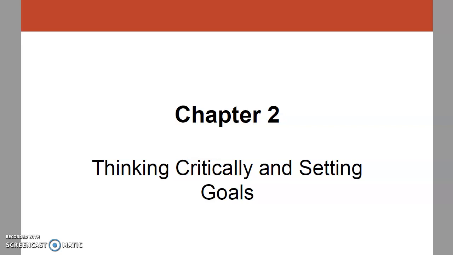We actually skipped the first few slides in the slideshow because we will return to critical thinking and metacognition when we address Chapter 4 about learning preferences. What we're going to focus on in this chapter is the process of setting goals.